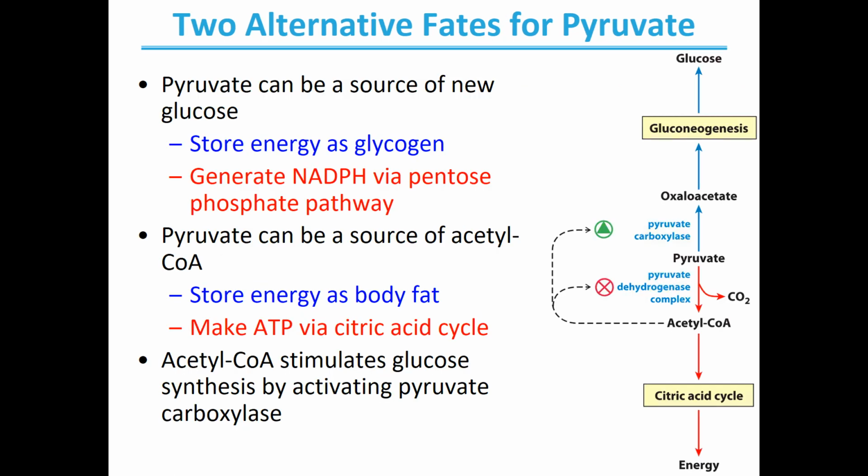So considering everything that we've looked at so far, we understand that the two major fates for our pyruvate is to either serve as a source of gluconeogenesis, or it can continue into the citric acid cycle to produce energy. Insulin is going to trigger going down this red pathway. Glucagon is going to signal going up this blue pathway.